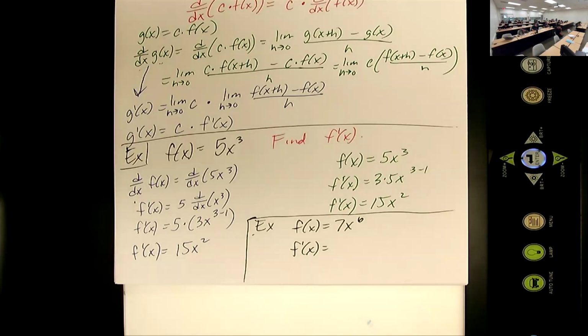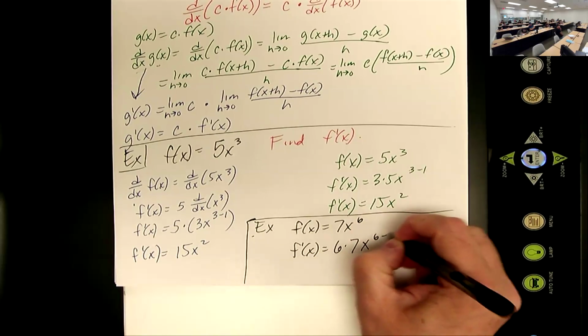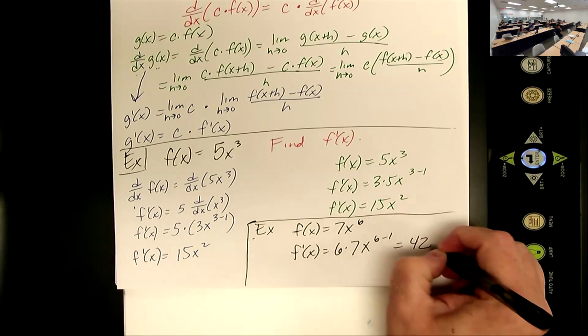How did you say that again? 42x to the fifth, I said 42x5, but I was gonna say, don't say x5. As long as you know it's x to the fifth, that's fine. There are people that'll just say x5 and don't realize that's gonna confuse people. So bring the power down, lower the power by 1. 42 times x to the fifth power.